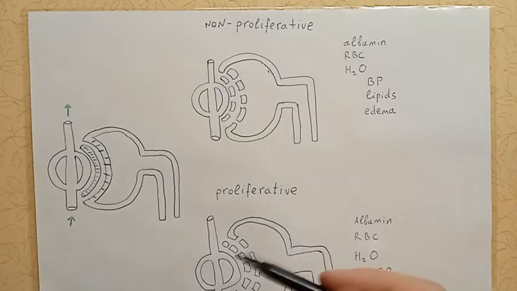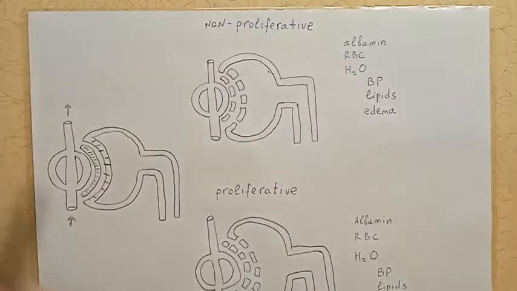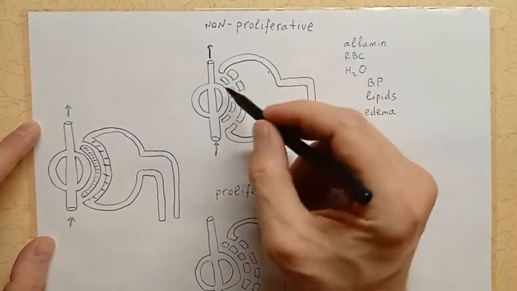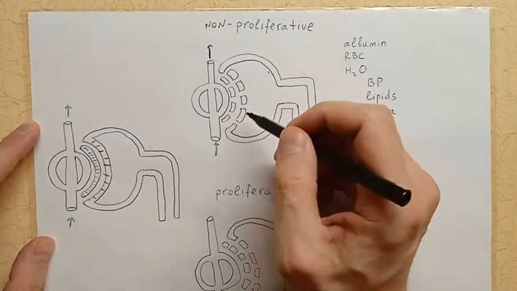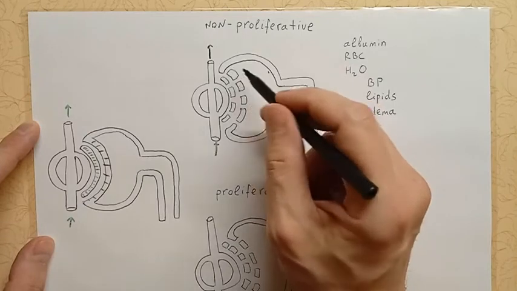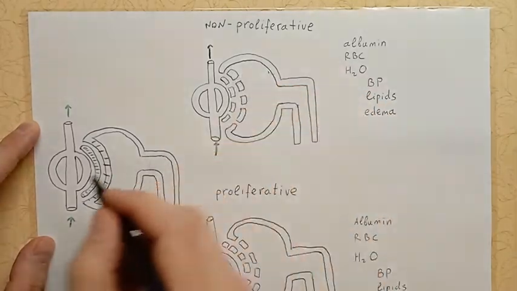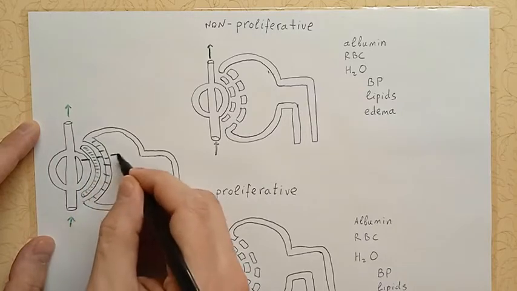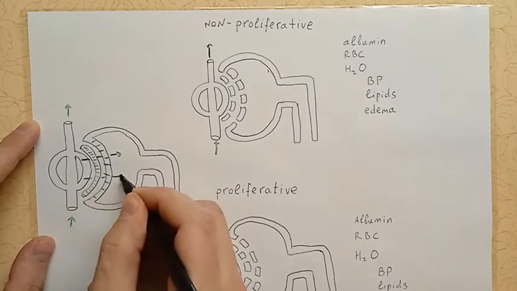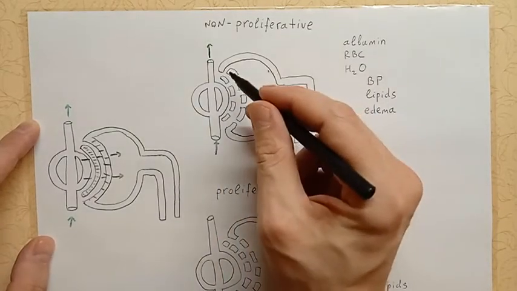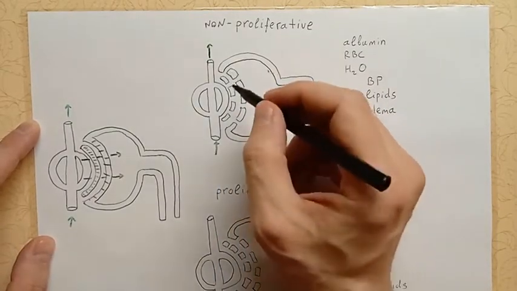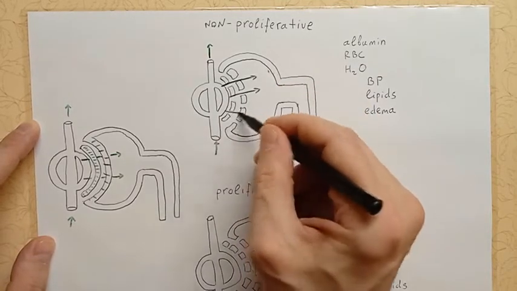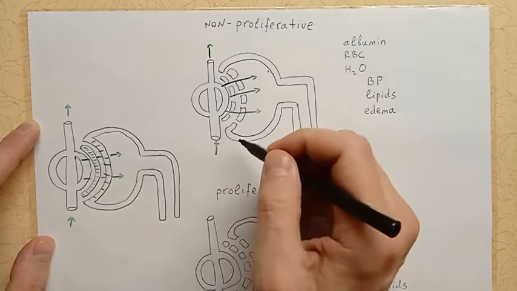What happens? Due to inflammation, the membrane becomes penetrated and the second barrier becomes penetrated. In a normal state, the filtration goes like this. But when the membrane and the cells are penetrated, the filtration becomes more severe. The barrier is lost.